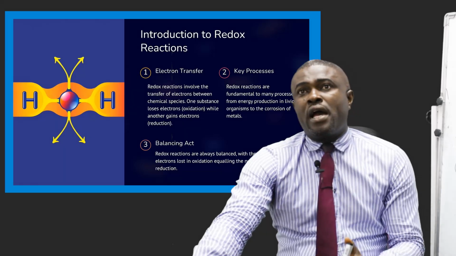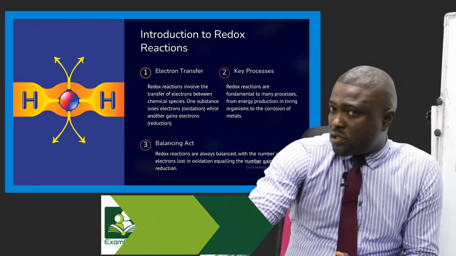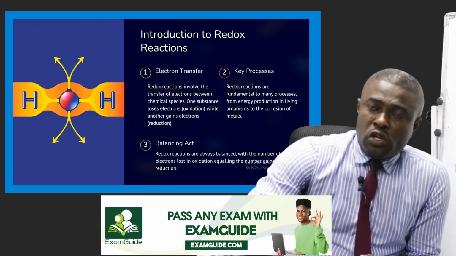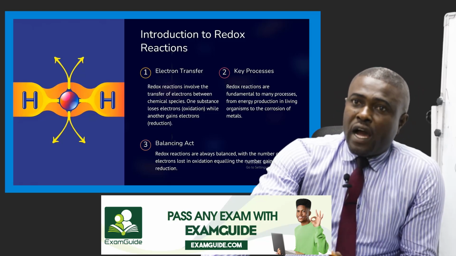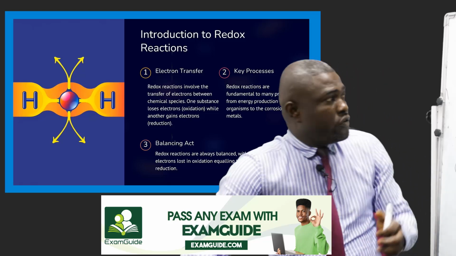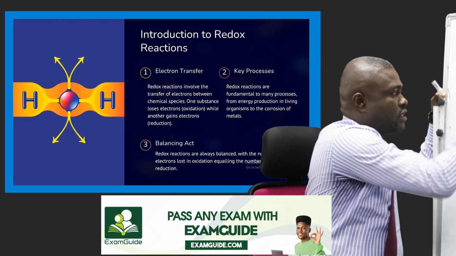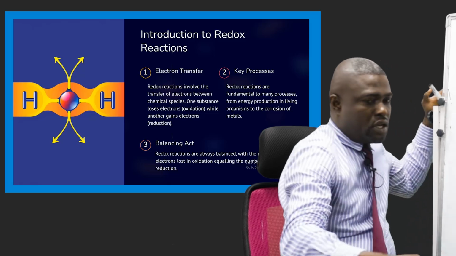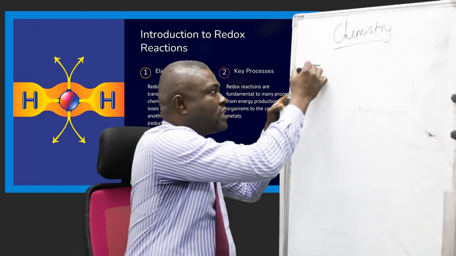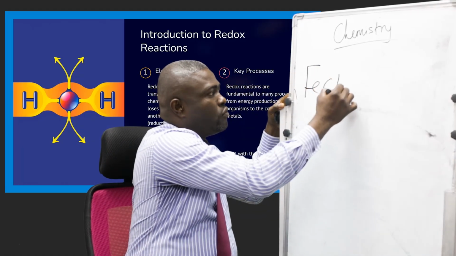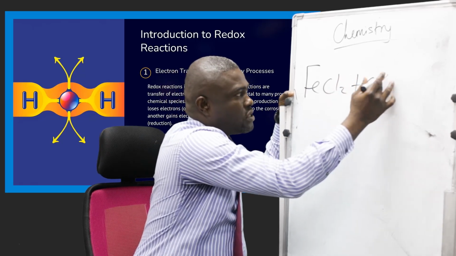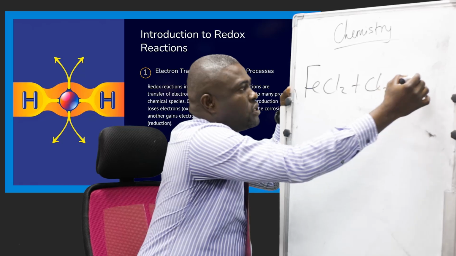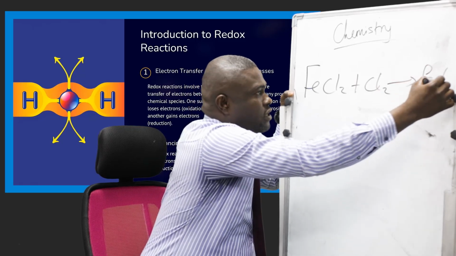A situation where iron 2 chloride moved to iron 3 chloride. If iron 2 chloride moved to iron 3, it is because it actually reacted with an element, chlorine, to give iron 3 chloride.